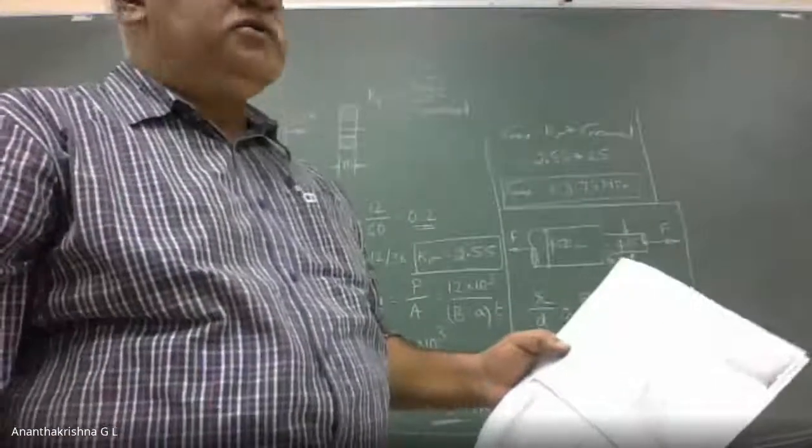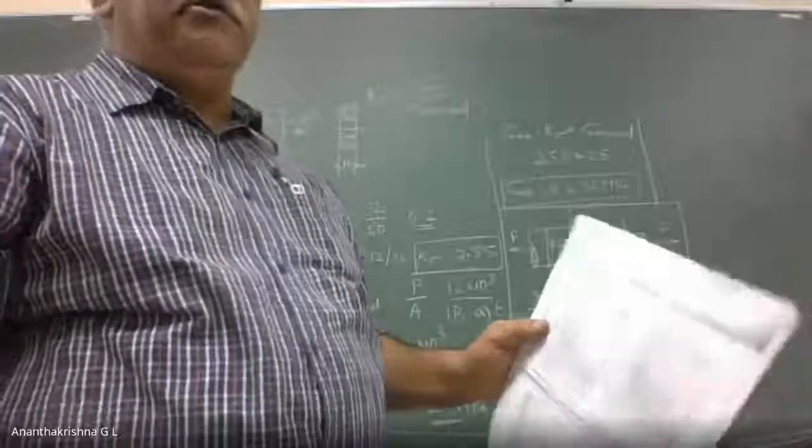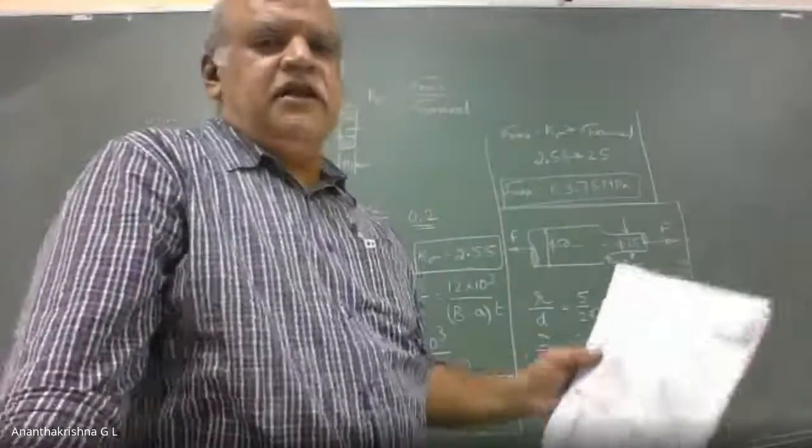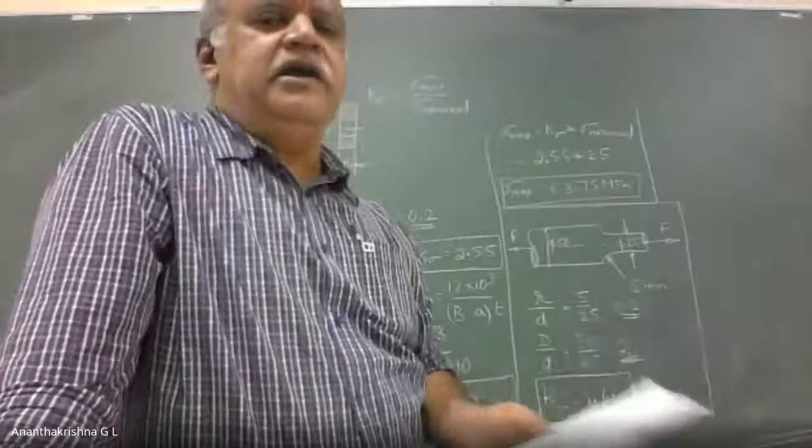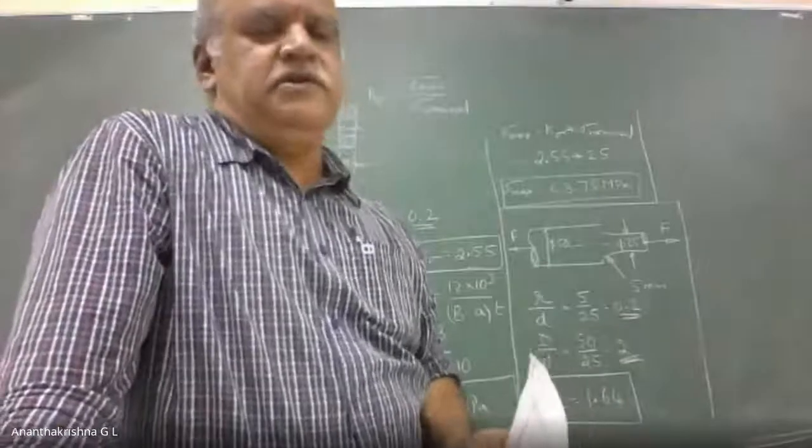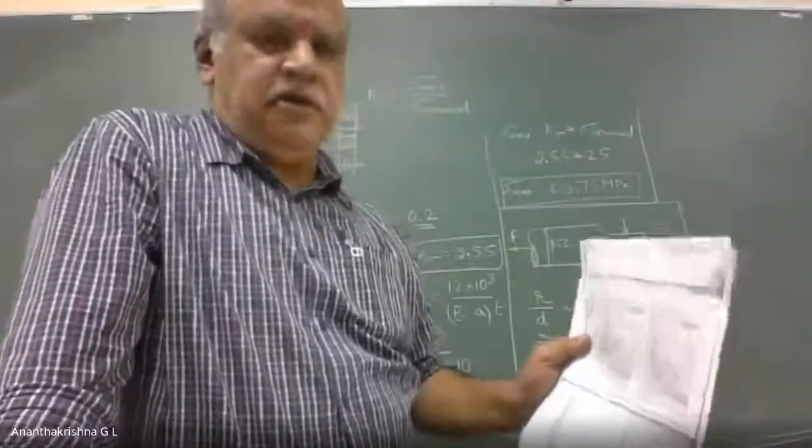If it is close to the midpoint, that is 1.65. If it is slightly less than 1.65, I take it as 1.64. So it is a closer approximation. That's all, Chinmay.